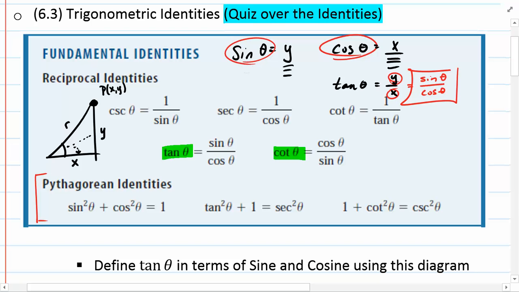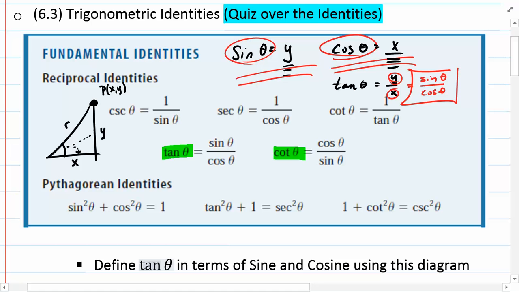If we're saying that sine of theta is y and cosine of theta is x, then y squared plus x squared should equal 1 squared, since our radius is 1. Well, 1 squared is 1, and x squared is cosine squared, and sine squared is y squared. So therefore, that should be easy for us to see this calculation. In a moment, we're actually going to prove this. We're going to use a mathematical proof to show that this will always be true.